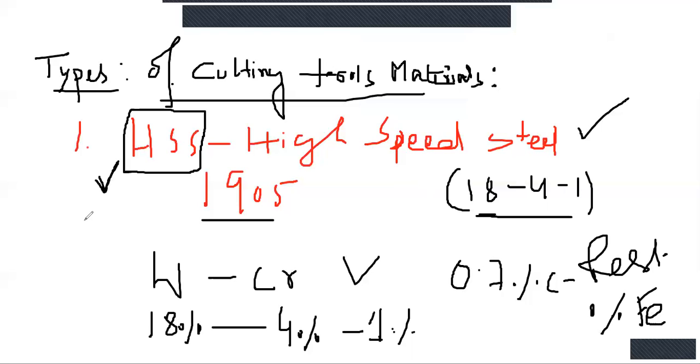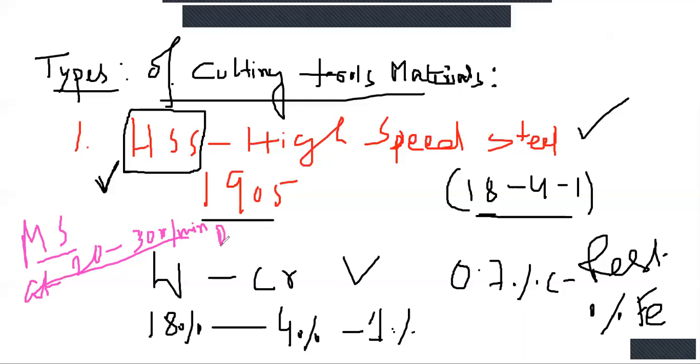An HSS tool could machine mild steel, MS, at a speed of 20 to 30 meters per minute. This is the standard value. When we cut mild steel material with the help of an HSS tool, the standard cutting speed is 20 to 30 meters per minute.